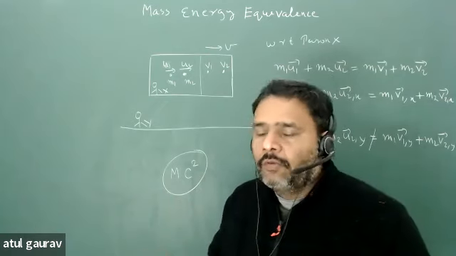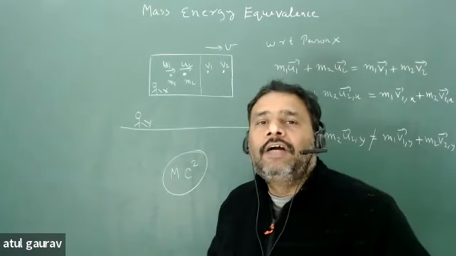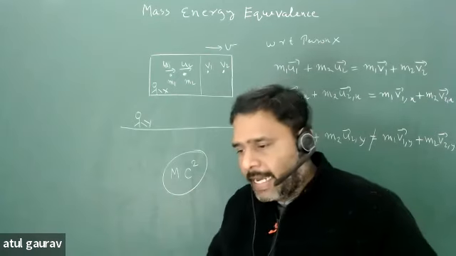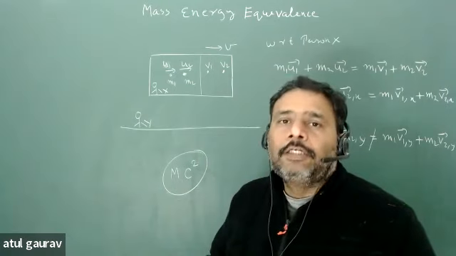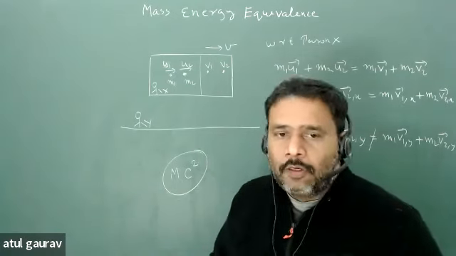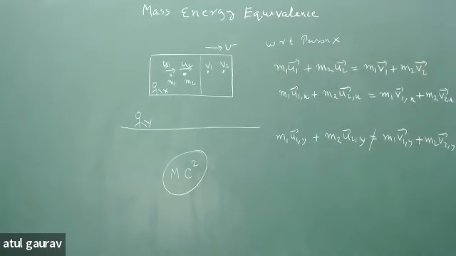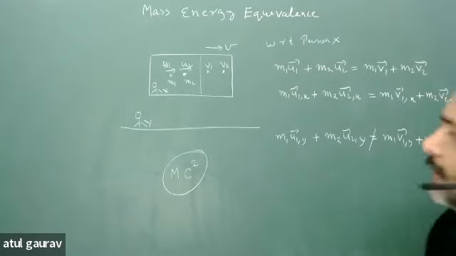So let's try to define what rest mass is, then rest mass energy, and then we will see what happens when a particle moves with respect to an observer. So let's understand rest mass.